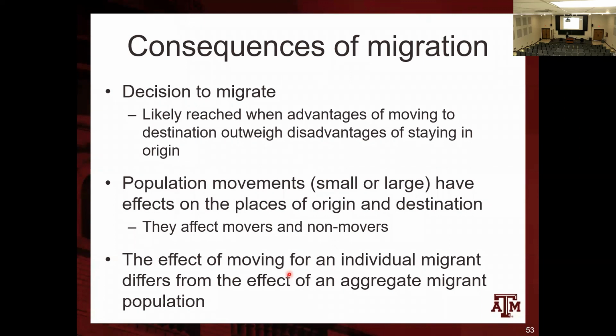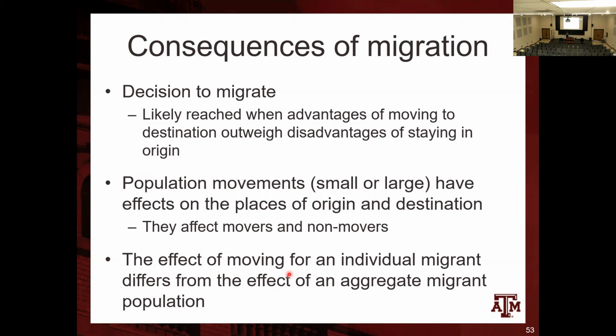And there are consequences of migration, right? I showed at the beginning of this chapter that diagram in which we try to explain why people migrate. And I showed you also the proximate determinants of migration. Contextual factors influence life course transitions, and life course transitions influence migration flows.